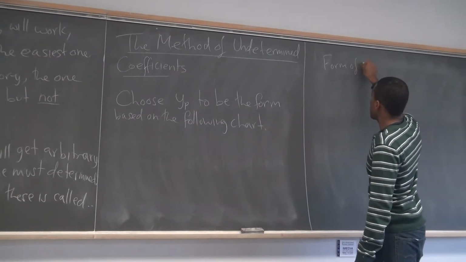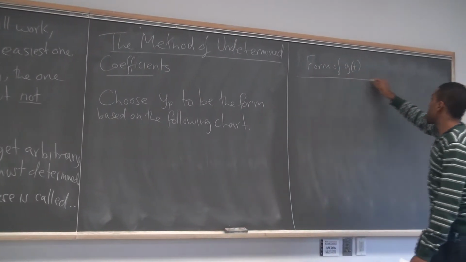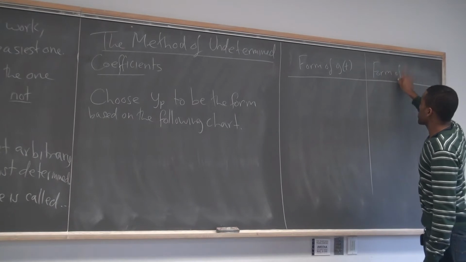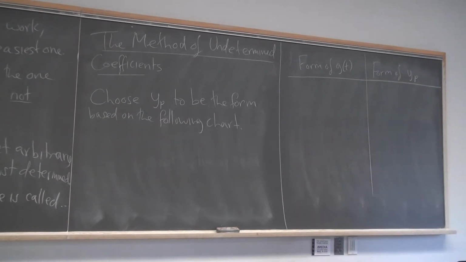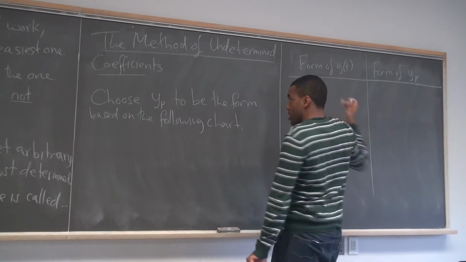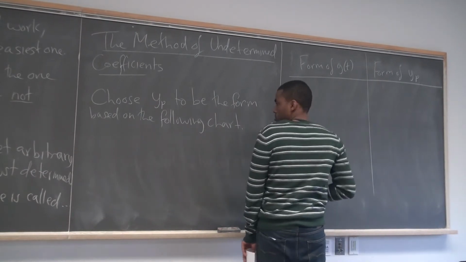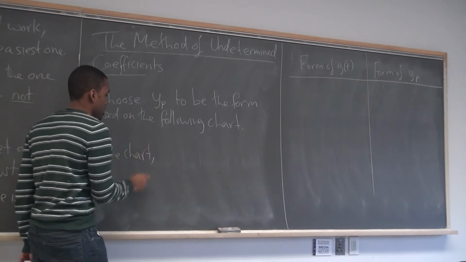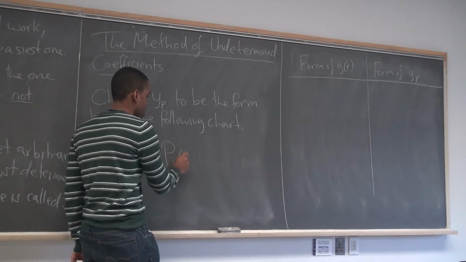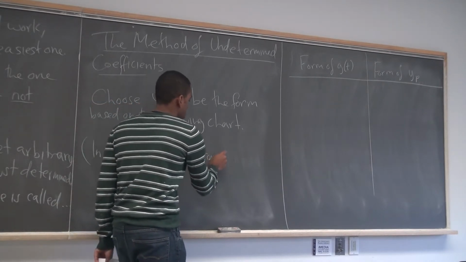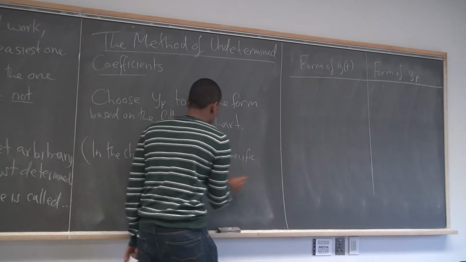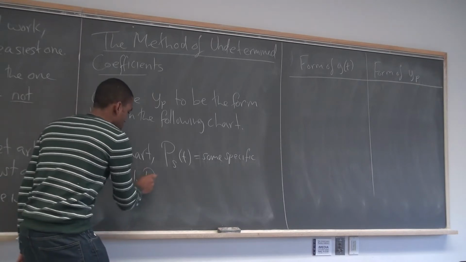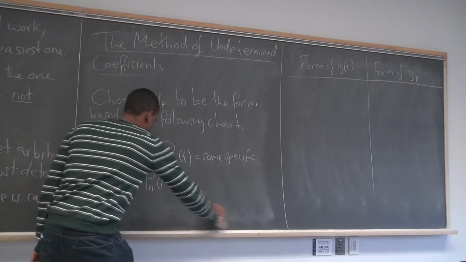So let's say you have the form of g, and the question is, what do we pick for the form of yp? So let's say the right side of your equation looks like this. In the chart, I'm going to use a notation. Ps of t is some specific polynomial, Pn of degree n.